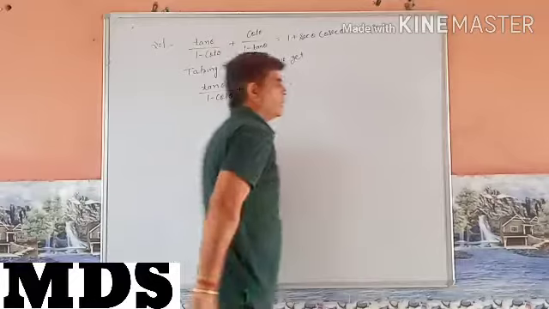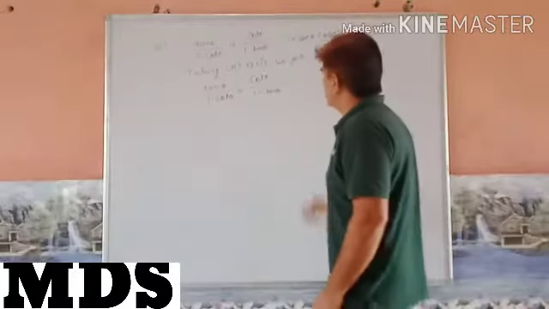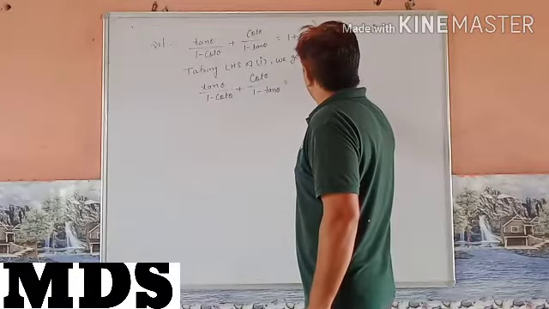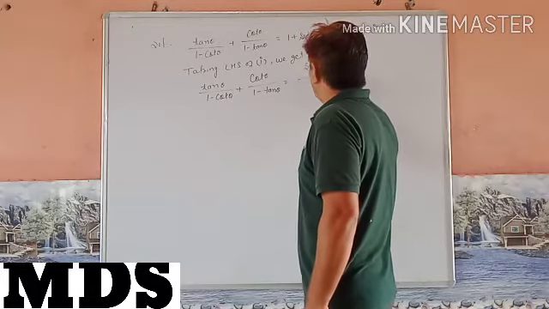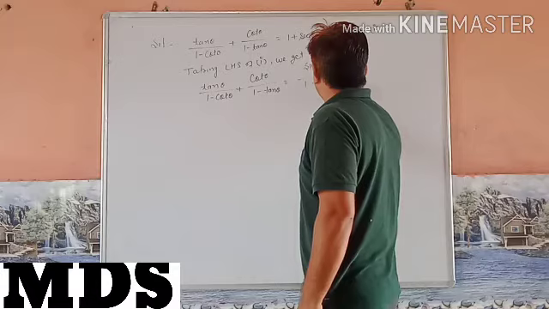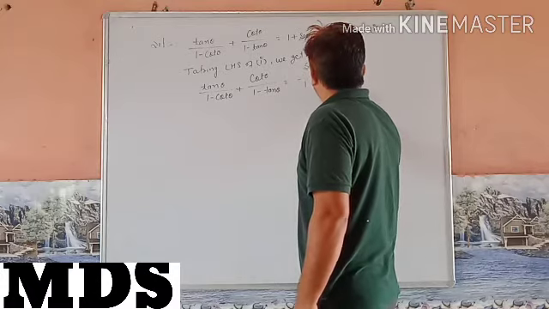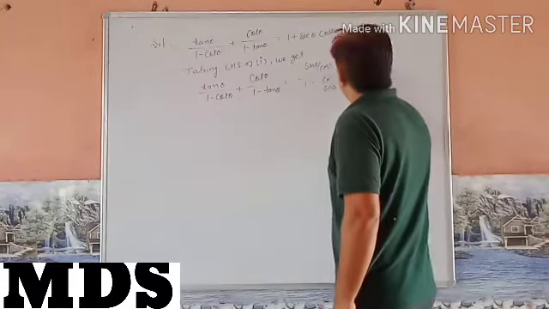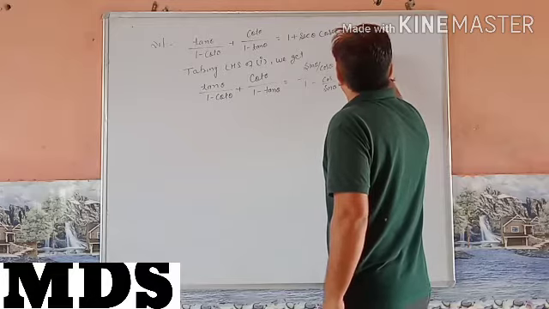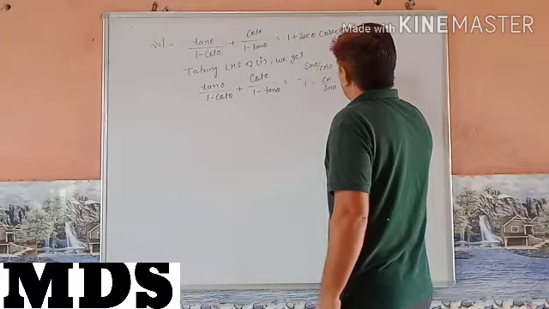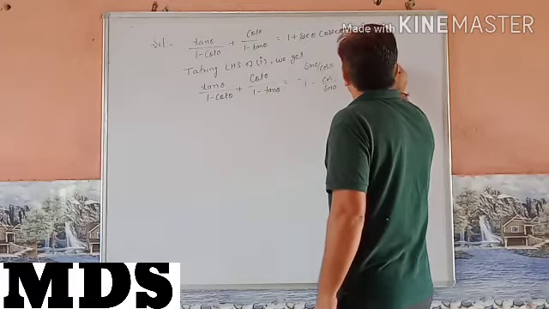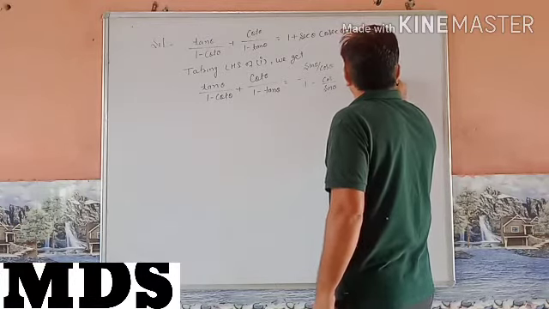This you can write like this. Write in the form of sin theta by cos theta divided by 1 minus cos theta by sin theta, plus cos theta by sin theta into 1 minus sin theta by cos theta.